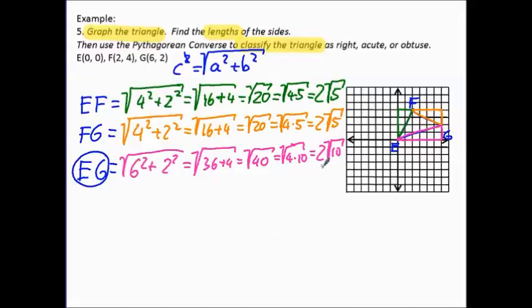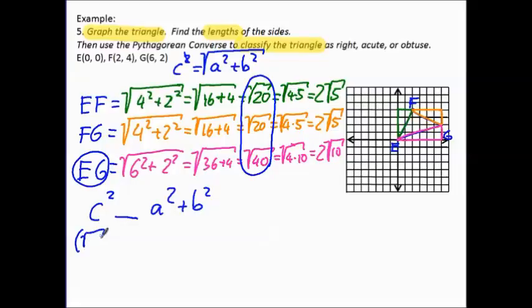So that's going to be our c squared. Let's set up our equation, or see if it even is an equation. c squared compared to a squared plus b squared. Now, for doing this, rather than taking the fully simplified form, it might actually be easier to just take these numbers here. So we're talking about the square root of 40 squared, and the square root of 20 squared plus another square root of 20 squared, because as we know, squaring and square roots cancel each other out.